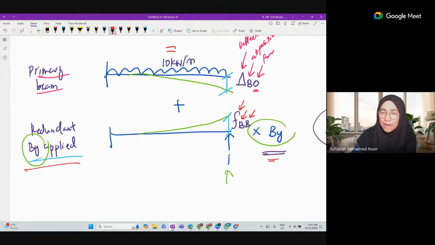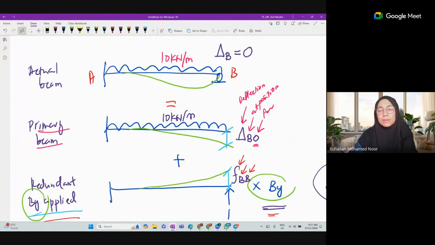F is the deflection at position B for the redundant beam. So in the redundant beam, we use the symbol FBB to show the displacement.